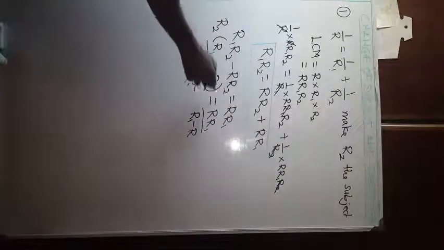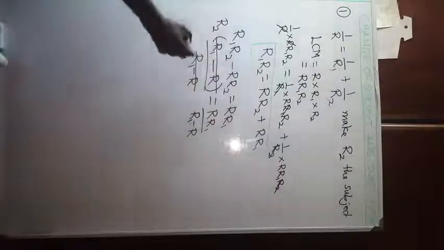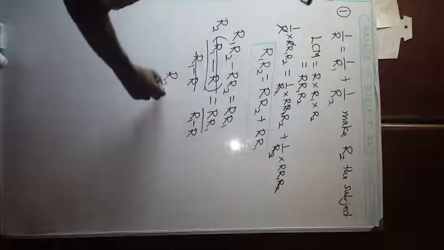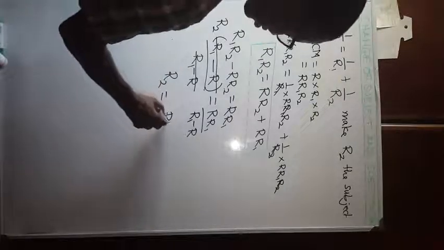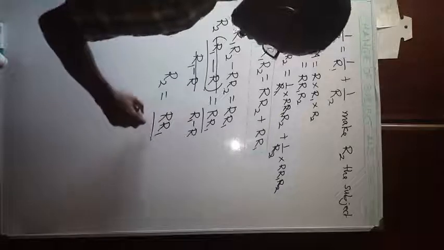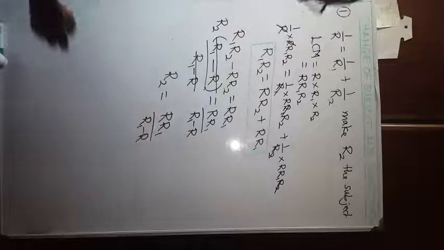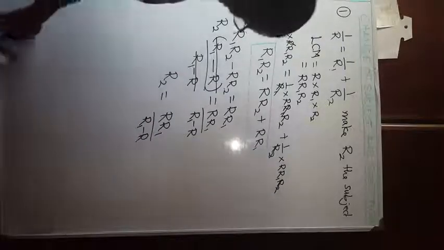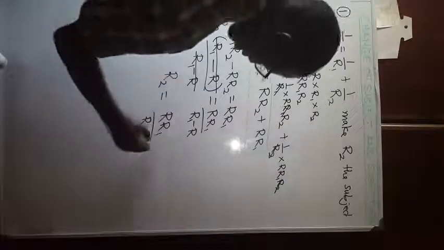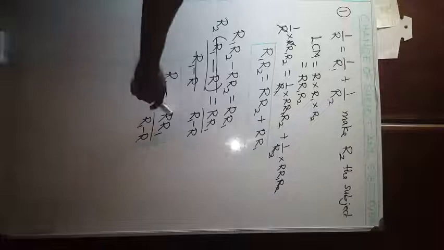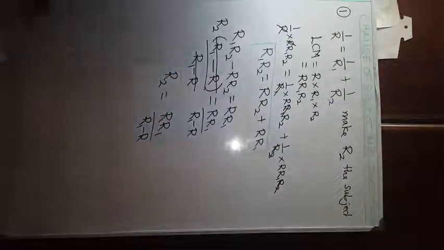So this will cancel that. Then I have only r2 left. Here I have r1 over r1 minus r. So this becomes our final answer. So we have r2 is equal to r1 over r1 minus r.